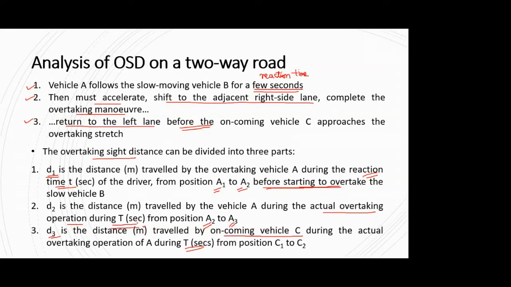Whatever T you calculate for distance D2, that same T will be utilized for calculating distance D3. So D3 is the distance traveled in meters by oncoming vehicle C during the actual overtaking operation of A during time T seconds, and the position is C1 to C2.